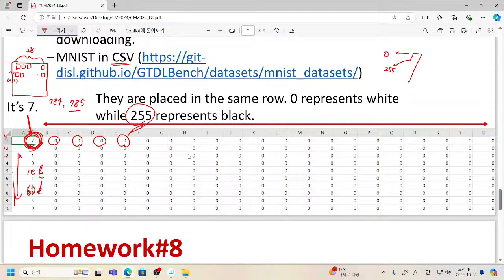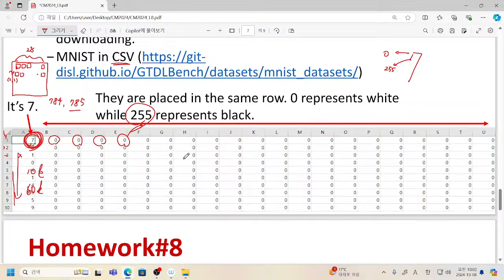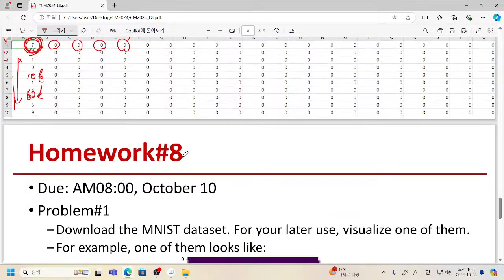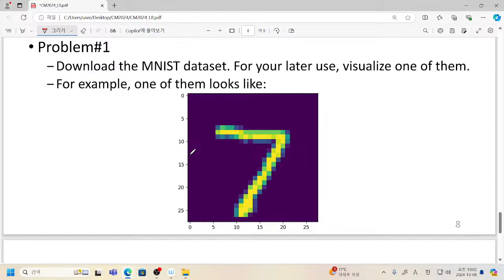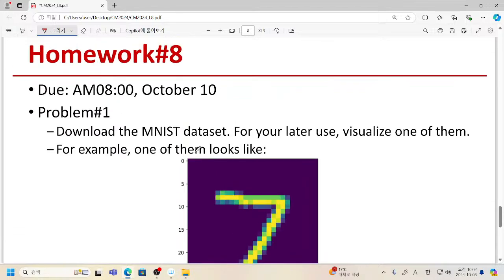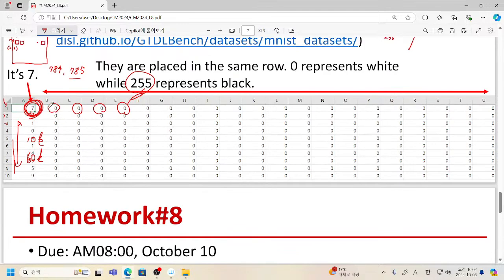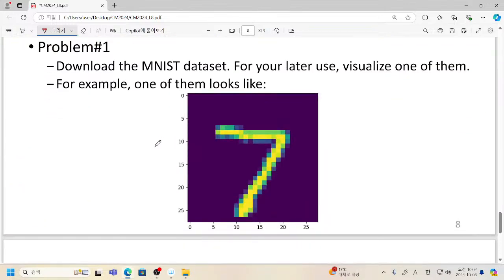So today's homework is quite simple. Instead of doing any kind of numerical calculation, just download this MNIST data set and try to visualize it. This is the image generated from this first line. I just took this first line, and from it I was able to draw this image.